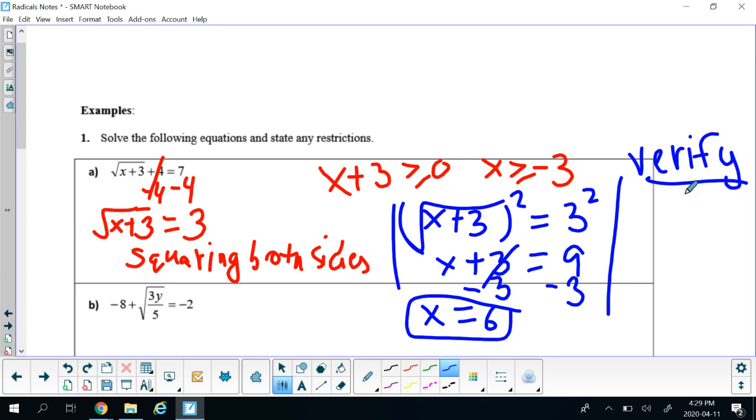To verify our solution, we'll take x equal to 6 and plug that in our original equation. So square root of 6 plus 3 is square root of 9, and square root of 9 we know is 3.